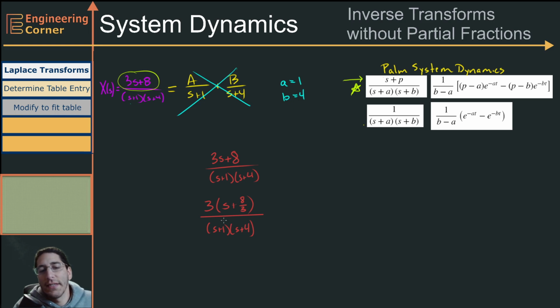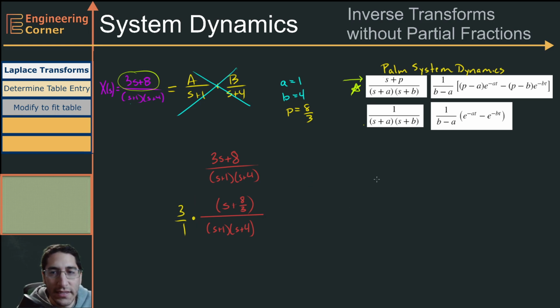I can rewrite this a little bit differently to make it look more like this table entry. I can just rewrite this as a 3 over 1 times, and now my p term from the table entry is really just 8/3. And it was before, but now this looks exactly like this table entry.